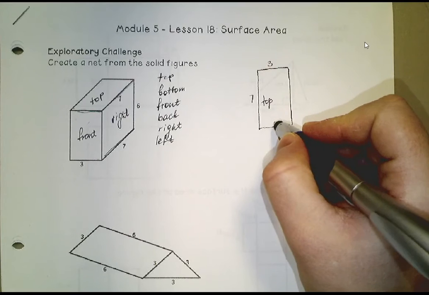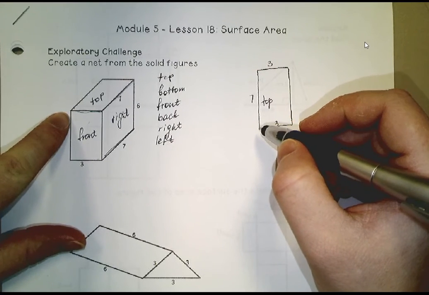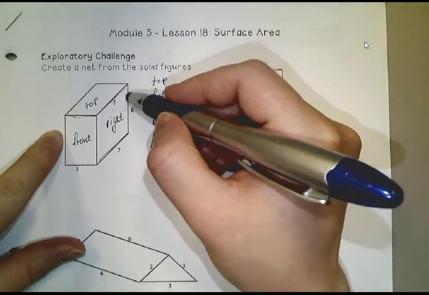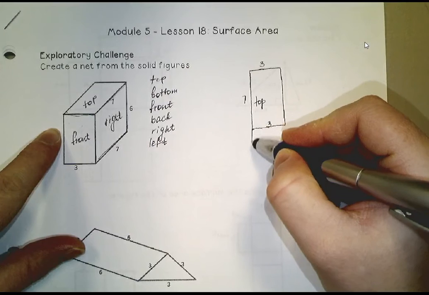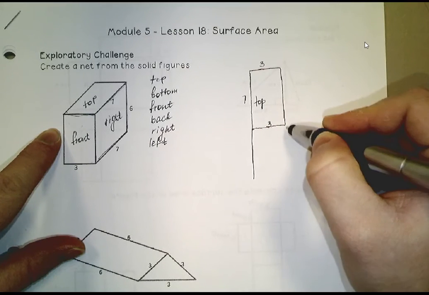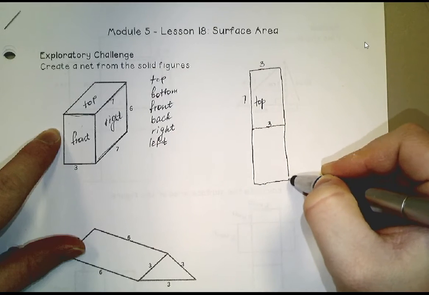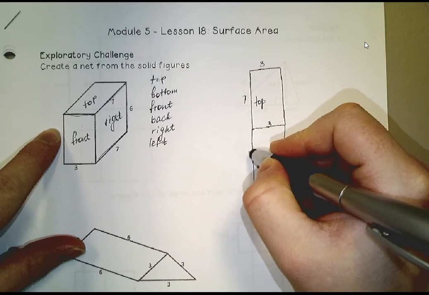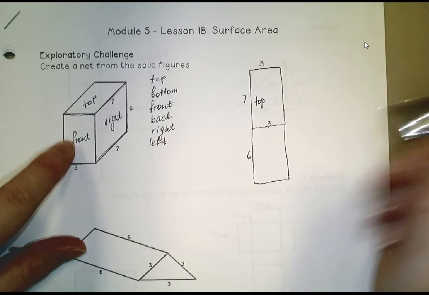So it's already 3, we already know it. And it also is 6 units long because this side right here is 6, so is this one. Make it a little bit less than 7. And of course we would do it with a ruler. Okay, all right, and this is the front.